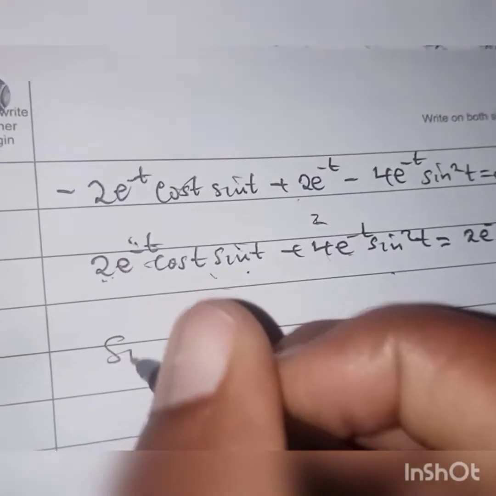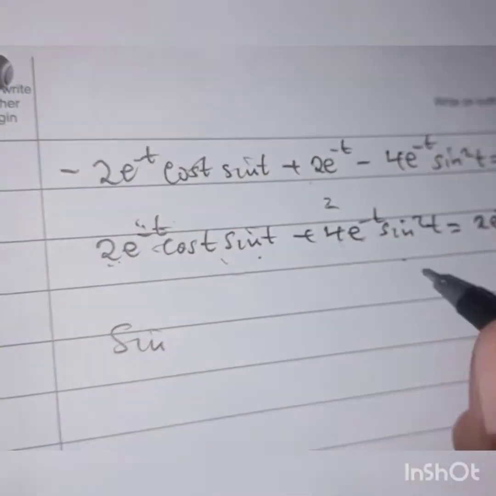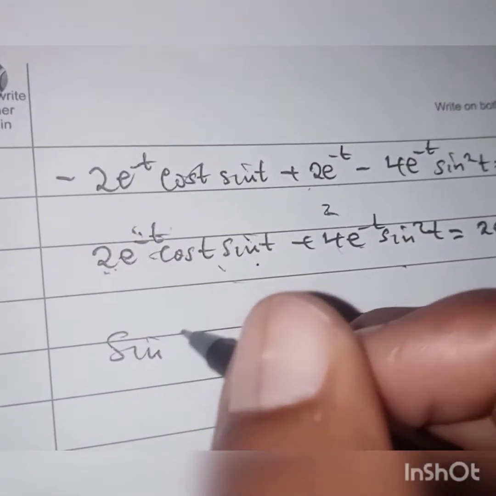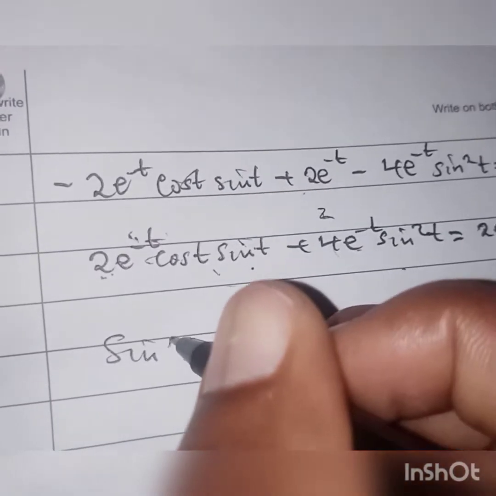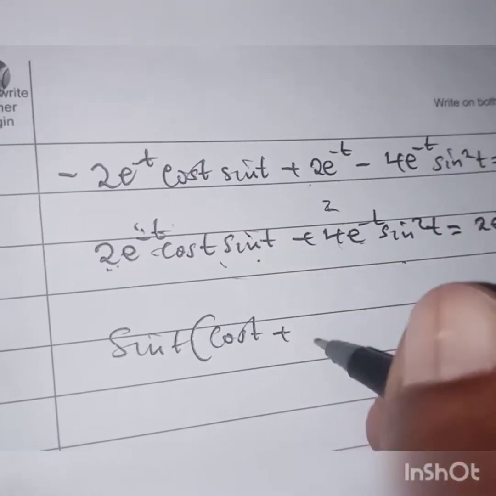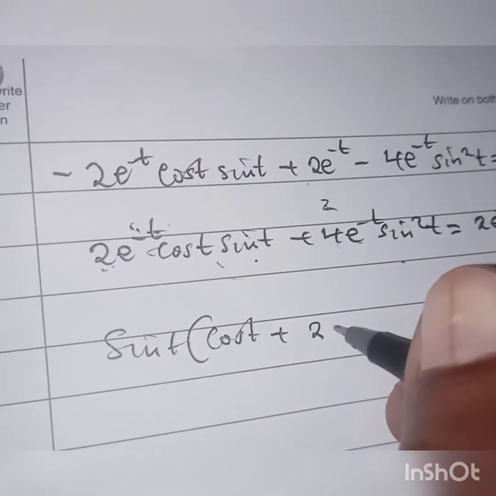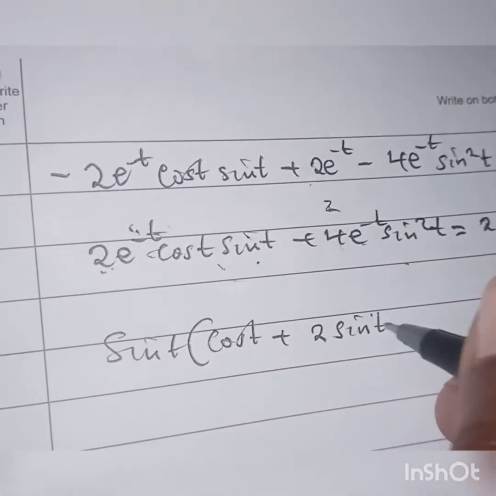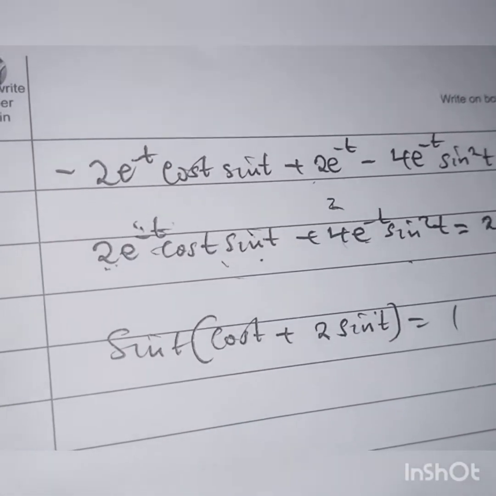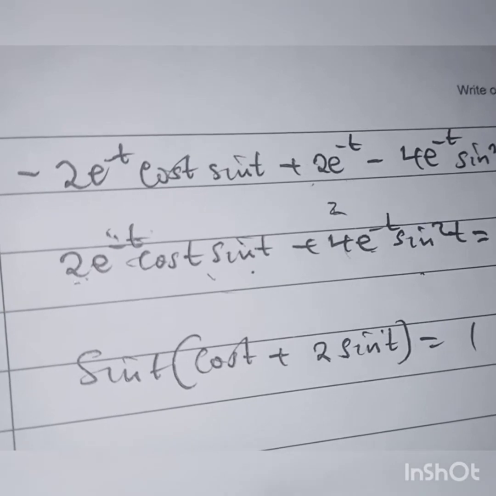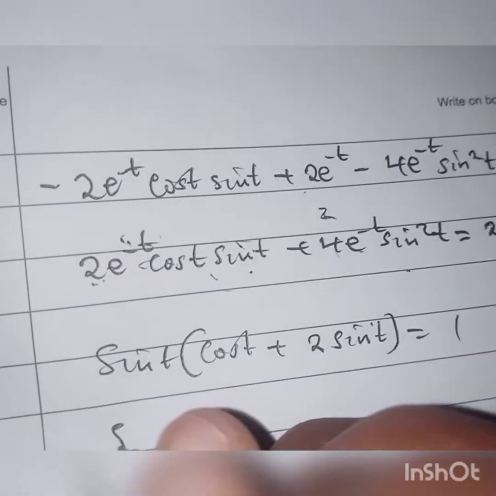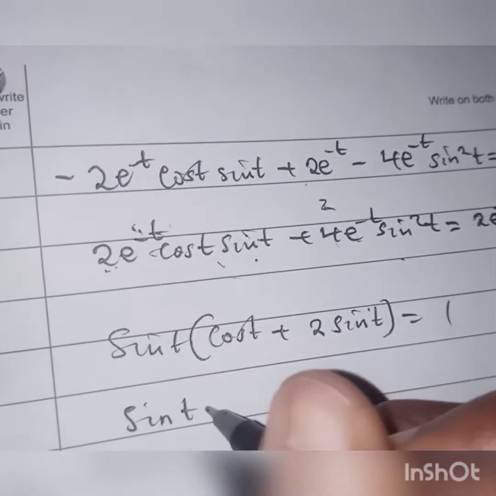So factoring for sin t, dividing both sides by 2e raised to minus t, it remains sin t into cos t plus 2 sin t equals 1. So setting sin t equals to b.